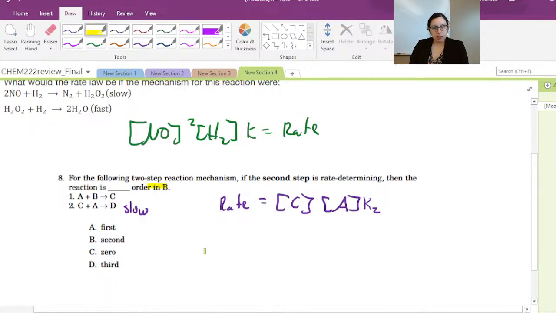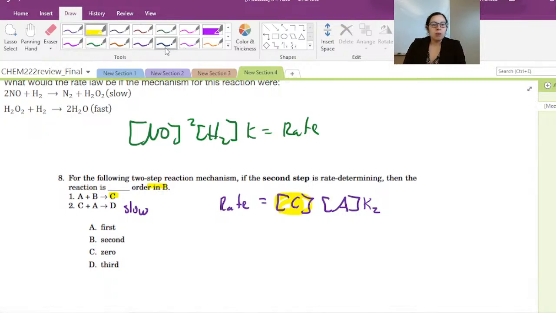And it's asking us to find the reaction order of B. And not only is B not there, but that's not as bad as the fact that we have C, right? So that's the bigger problem. It's an intermediate. Right, so C is an intermediate here, so it's not a reactant. So we shouldn't be expressing our rate law in terms of intermediates is what we're trying to say. But then we can rewrite it.